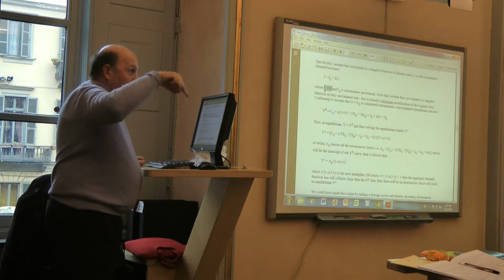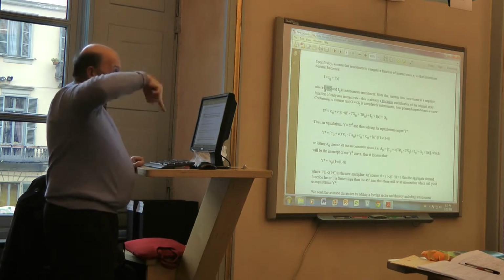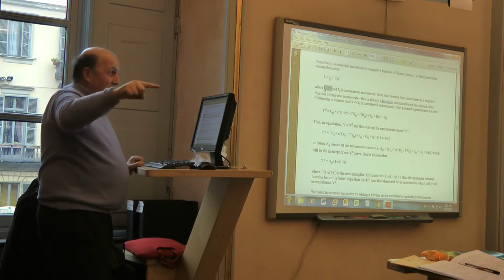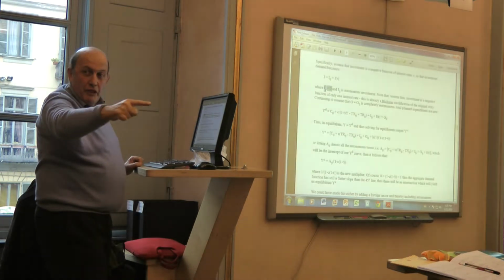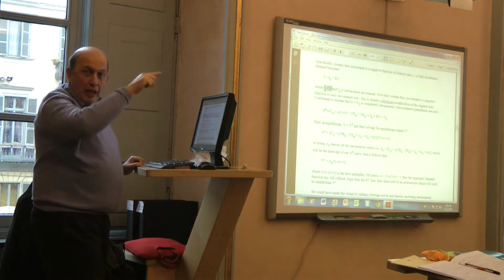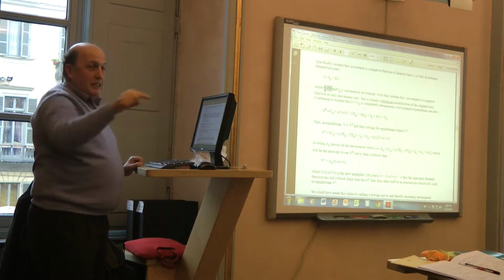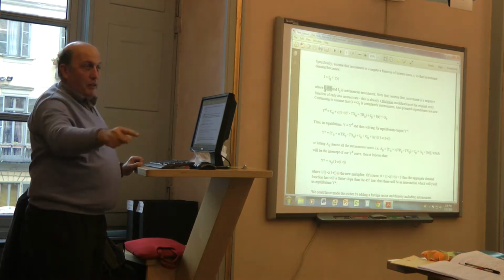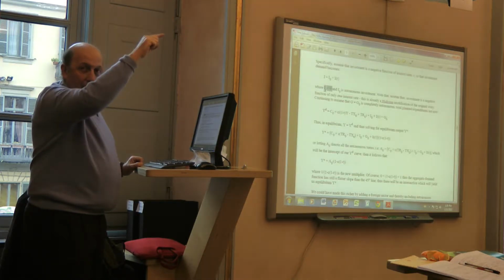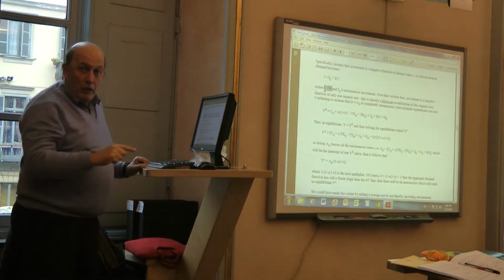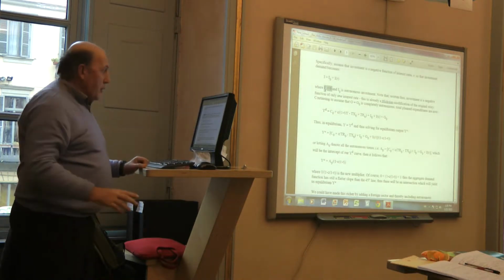Because in the first graph that I put on the blackboard, marginal efficiency of investment goes down. Here is the rate of interest, here is the level of investment. The higher the rate of interest, the lower the level of investment. Okay, so that's exactly it.